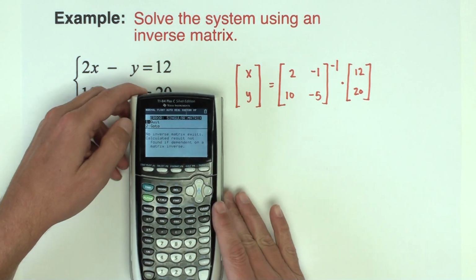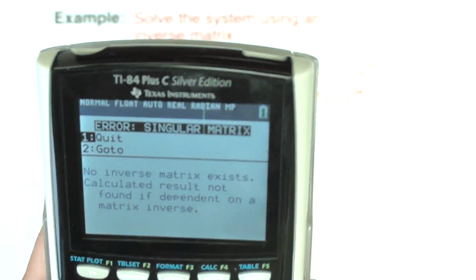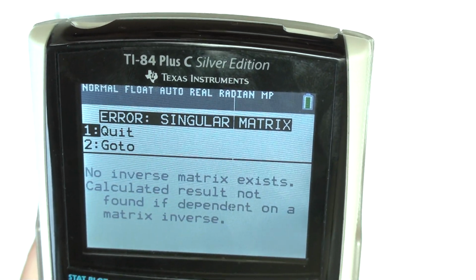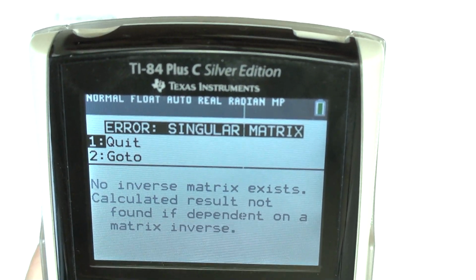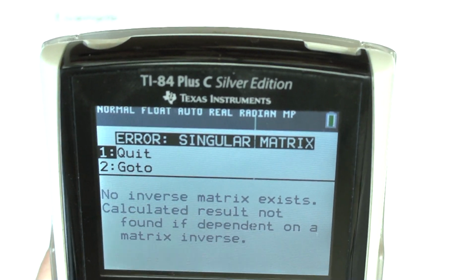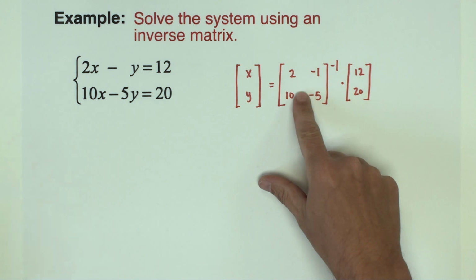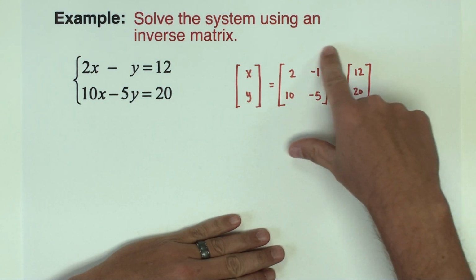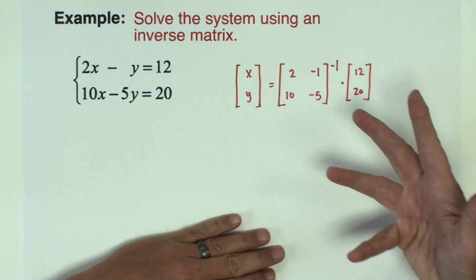Okay, and when I try to do the inverse of matrix A times matrix B, I got this error. It tells me I've got a singular matrix. So remember what singular means from the last video in this series. Singular matrix means that this matrix right here doesn't have an inverse. Asking the calculator to perform the inverse of this matrix, it can't do it.